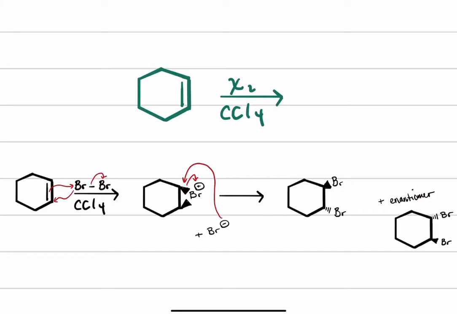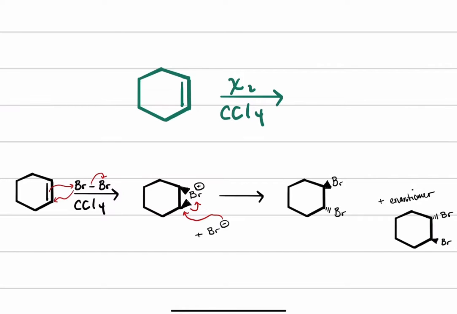Our nucleophile, the bromide here, will now attack the more substituted carbon of the cyclic ring. However, right here, we don't have a more substituted carbon, so both sides are equally possible for our nucleophile, or the bromide, to attack.